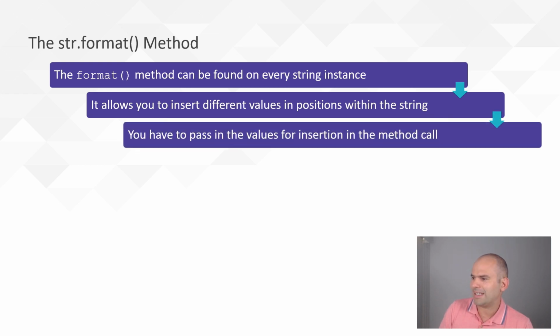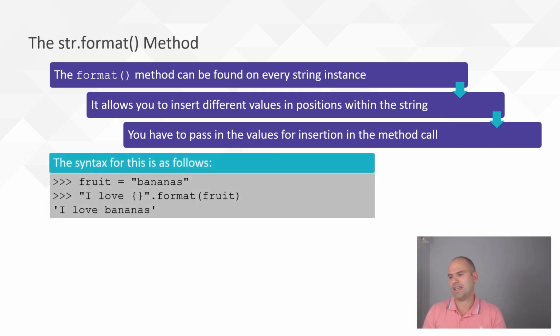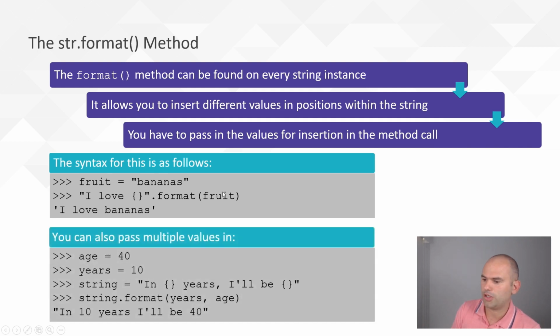You call a function, .format. The parameters of the function are the stuff that you want to put in the string, and this is how it looks. So you're creating a string with these open, closed, always empty curly braces. And then in .format, you're putting in what you want included.